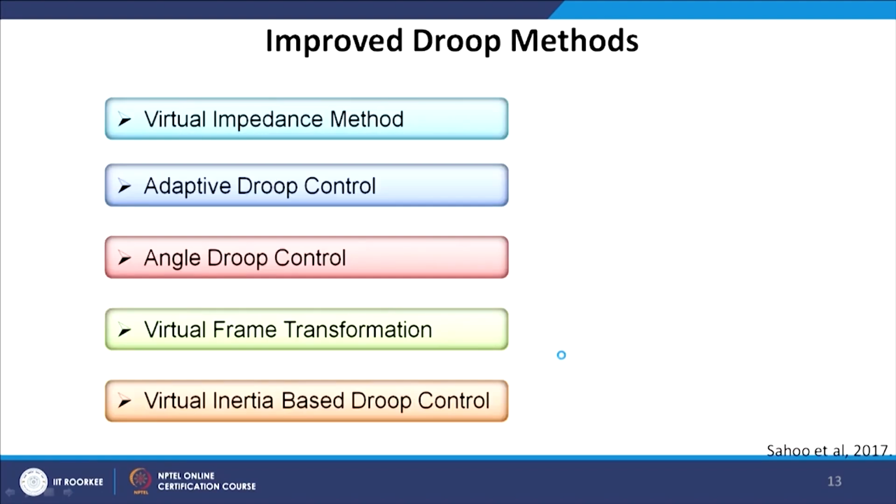So, the droop control approaches are further improved with different approaches. The first one is the virtual impedance method, then adaptive droop control, angle droop control, virtual frame transformation, and virtual inertia based droop control.